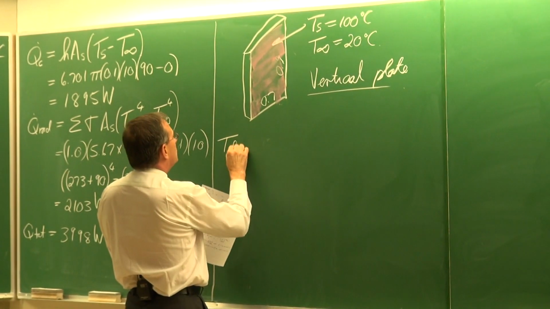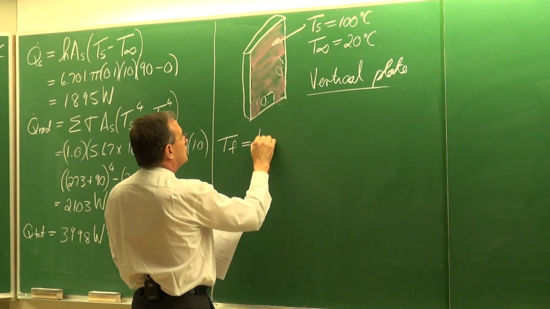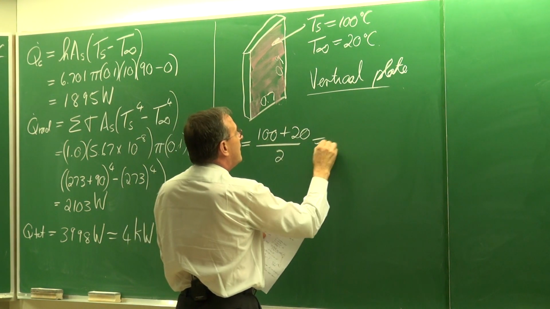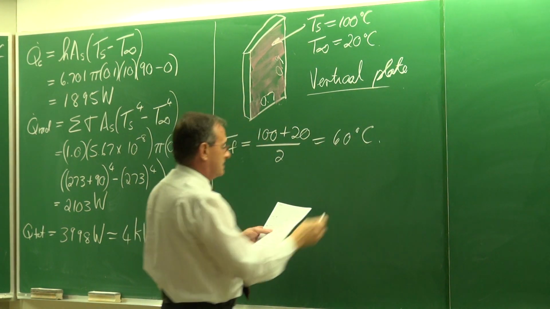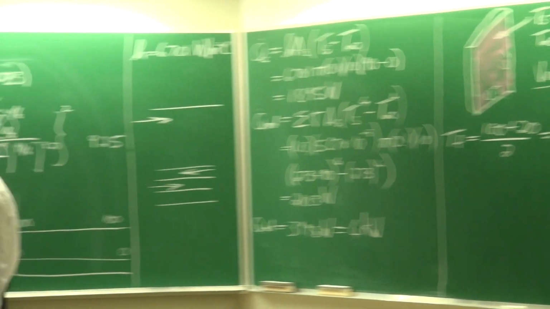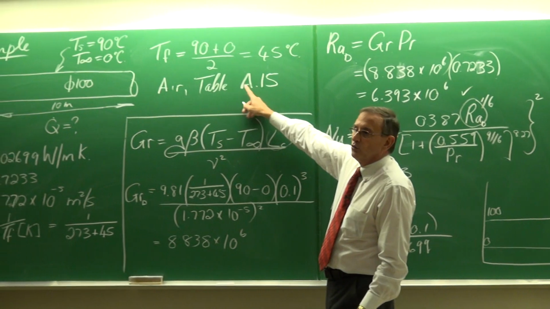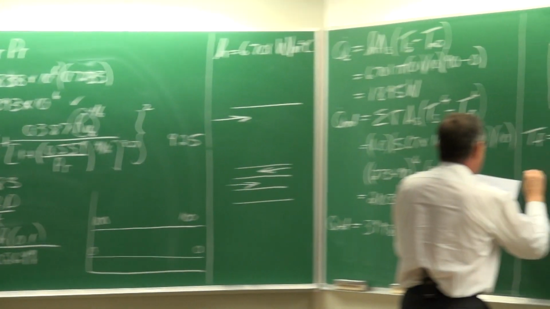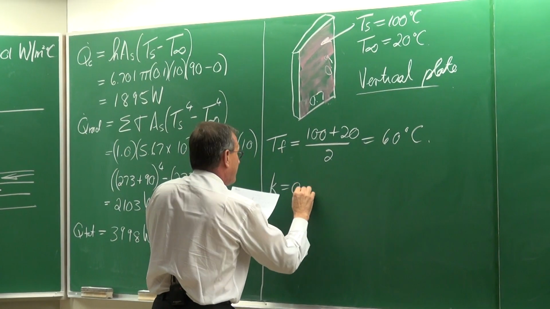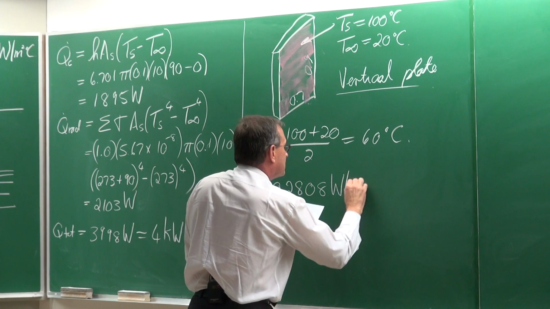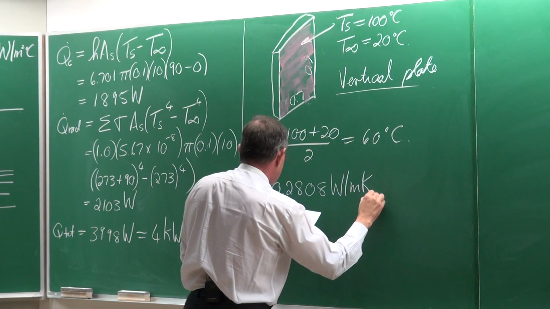So the properties we have to get at the film temperature of 100 plus 20 divided by 2, that is at 60 degrees Celsius. So again for air, in table A15, there we get all the properties of air, and in this case it would be a K value of 0.2808 watts per meter Kelvin.